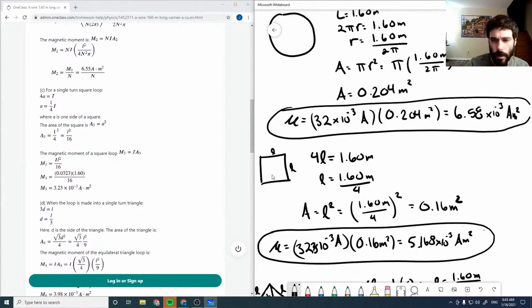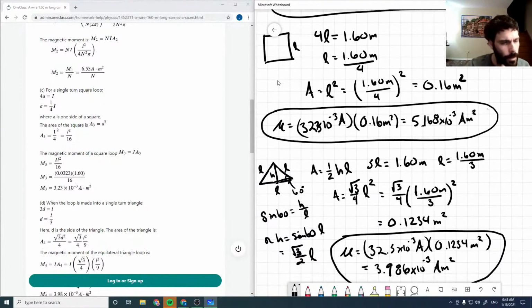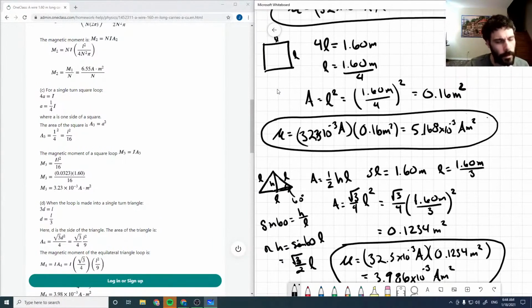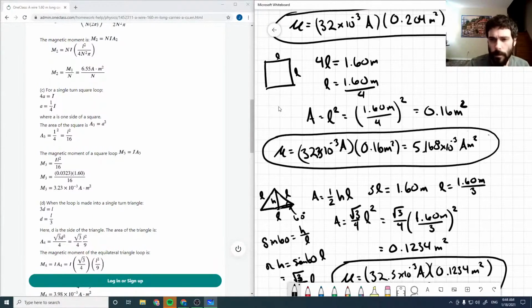So this one actually has, for the square loop, it looks like they made the same mistake as I did by jumping ahead. So where's their area? Well, squared over 16, 1.6.